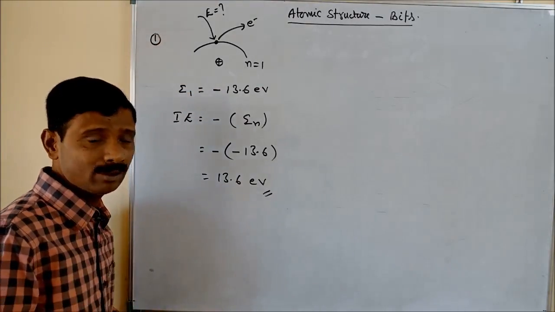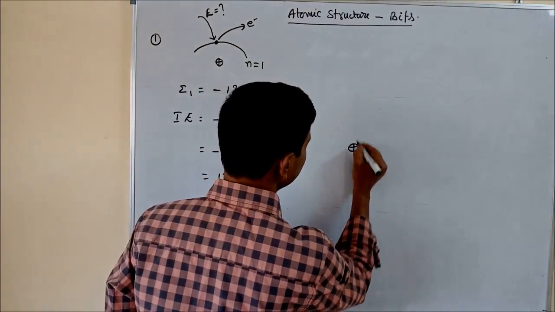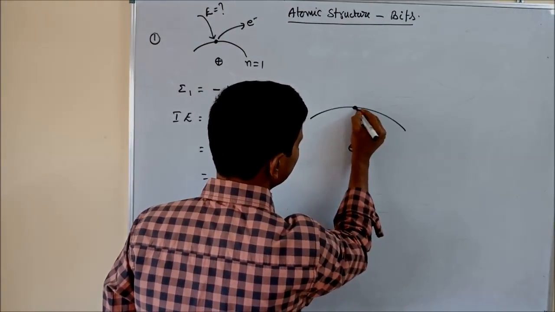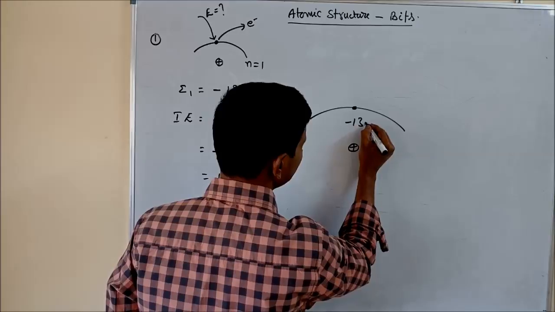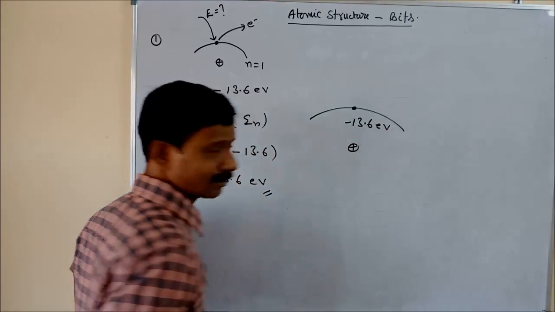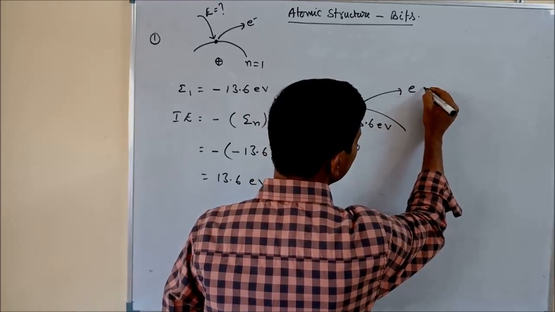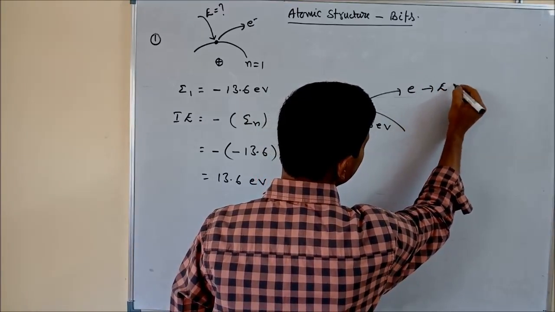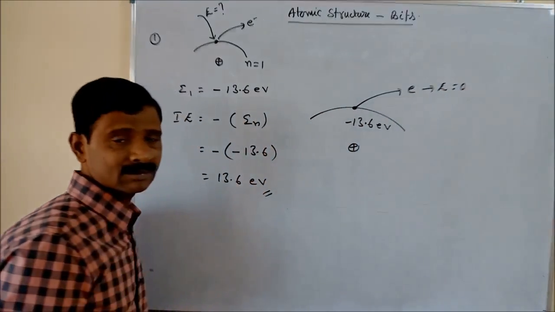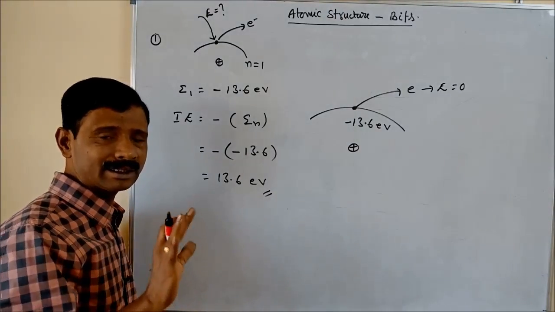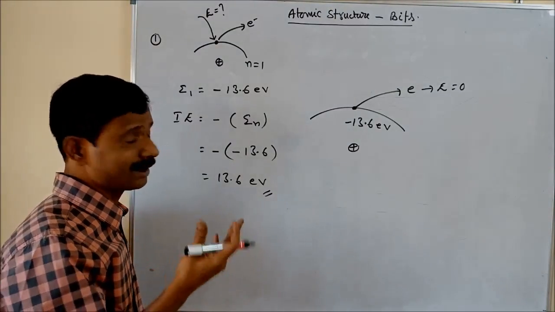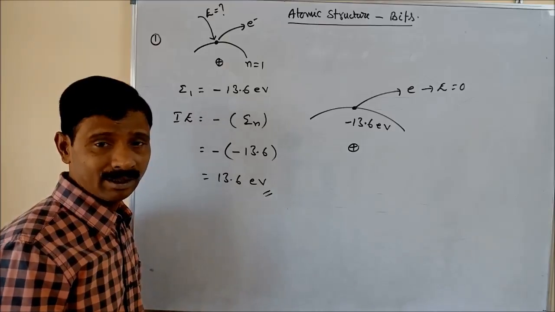So how is it going to be? For example, this is the electron present in the first orbit, whose energy is minus 13.6 electron volts. Since we are removing it, the energy of this free electron will be 0. For any free electron, its energy is considered 0 because it is not under the influence of the nucleus.